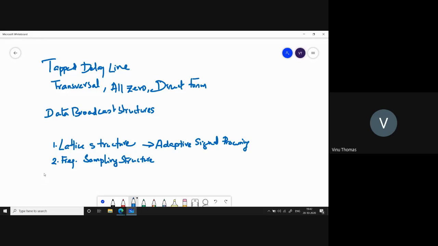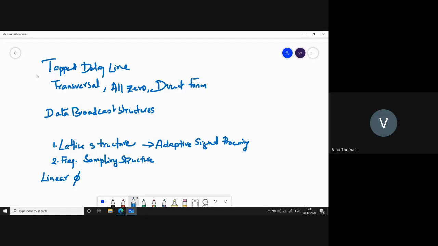So we will also see structures for linear phase. We will discuss these only at a later stage, because we need some discussion of linear phase, lattice structures and frequency sampling structures.